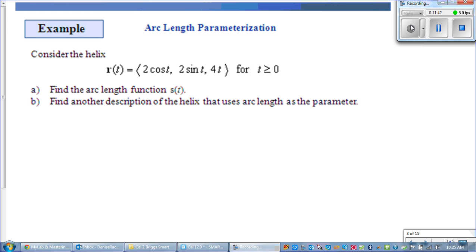So now let's find the arc length function. We're given the helix r of t equal to 2 cosine t, 2 sine t, 4t, and we want the arc length. The arc length, s of t, is given by the integral from a to t, where the a value starts at 0, of the magnitude of v of t, or r prime of t, except we need u.